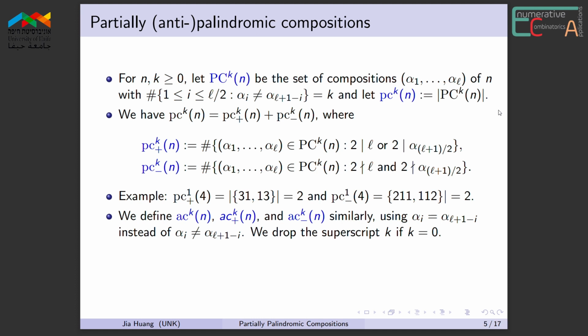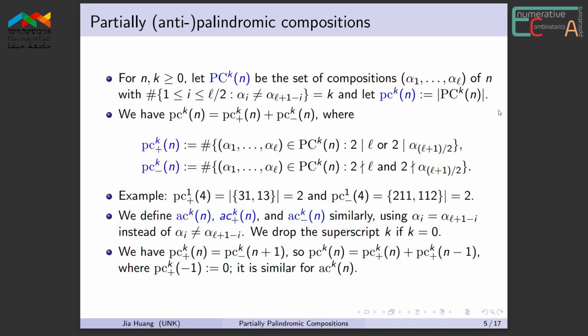And we can define ac_k of n, ac_k plus of n, ac_k minus of n in a similar way by requiring the anti-palindromic condition to be violated exactly k times. And we drop the superscript k when k is 0, and that way we can recover the previous results by Andrews, Just, and Sime.